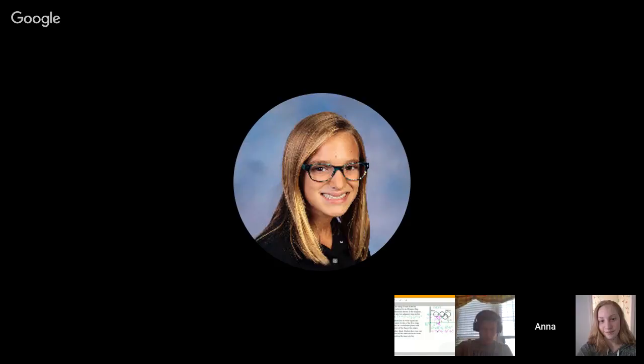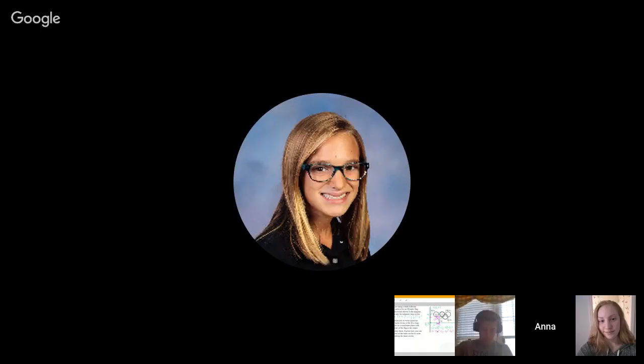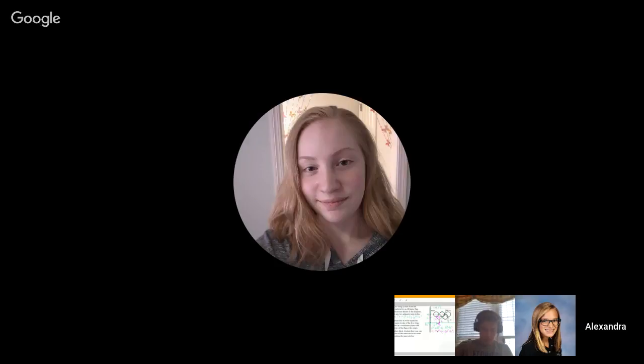All right, I'm going to do this one now where I just made a red center. What would be the center of that circle? The top middle.